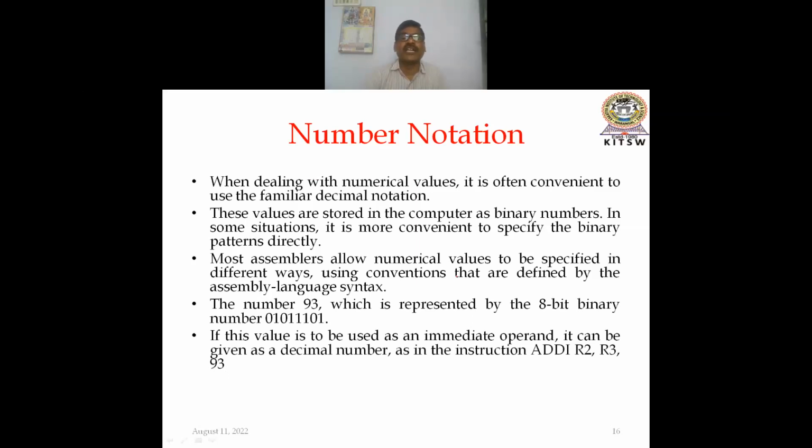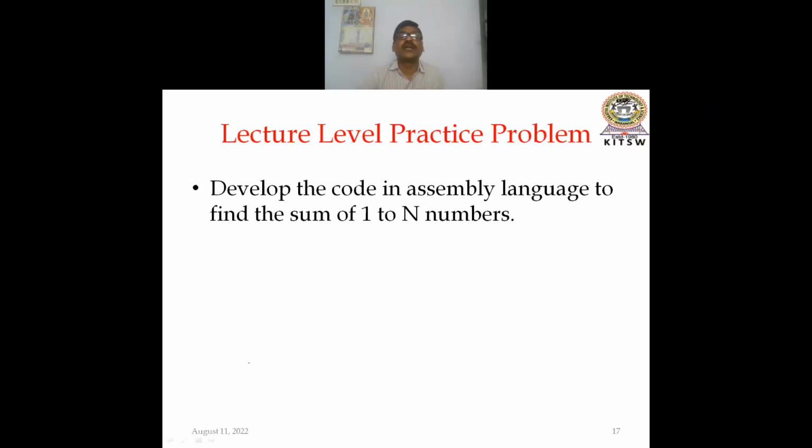When you specify the operand as an immediate value, that operand can be specified by making use of 8-bit binary notation, or you can specify it in hexadecimal notation also. That is the number notation, so in the operand itself we can specify that.